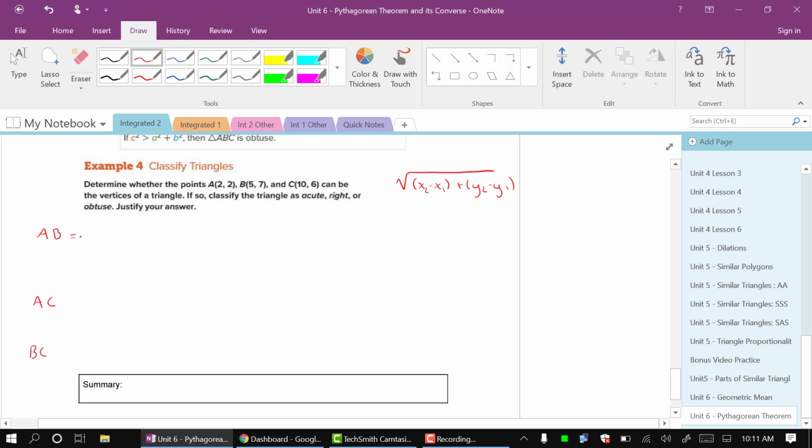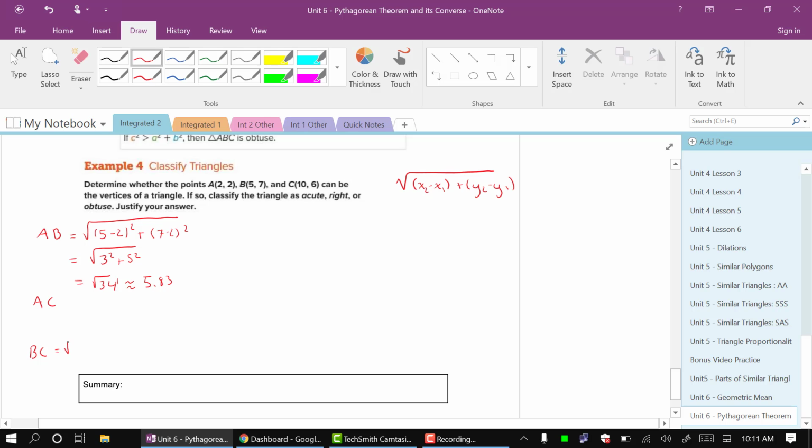So let's plug it in for AB. X2 minus X1 is going to give me 5 minus 2 squared plus 7 minus 2 squared, which equals the square root of 3 squared plus 5 squared, which is the square root of 34. And when I type that into my calculator, I get about 5.83. Let's do BC.